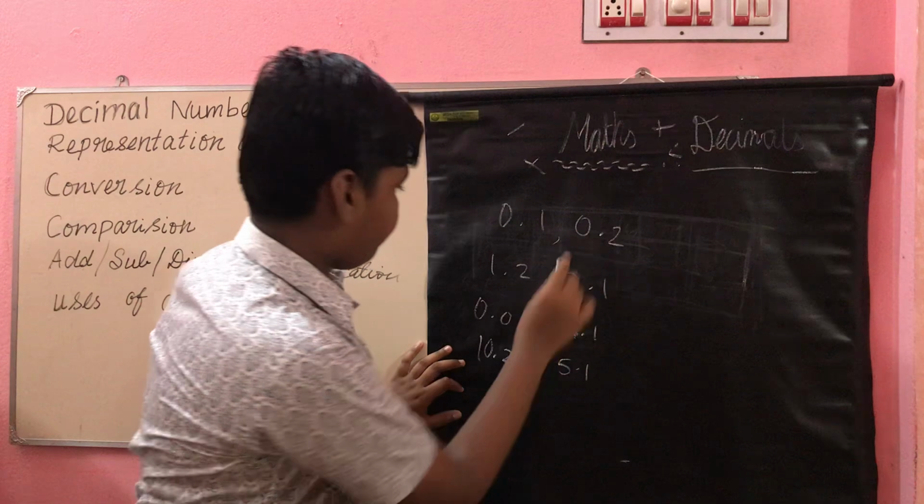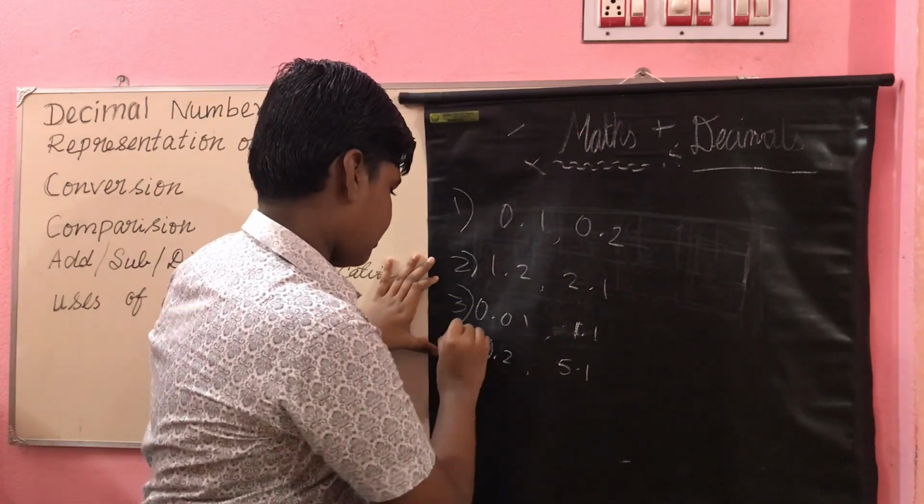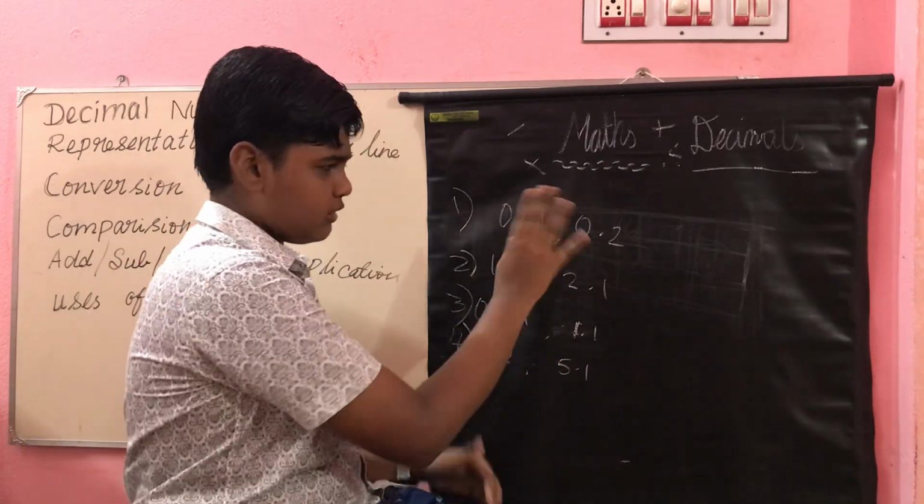So here are 4 pairs, 4 questions of numbers. So now I'm going to solve this and compare which one is greater.